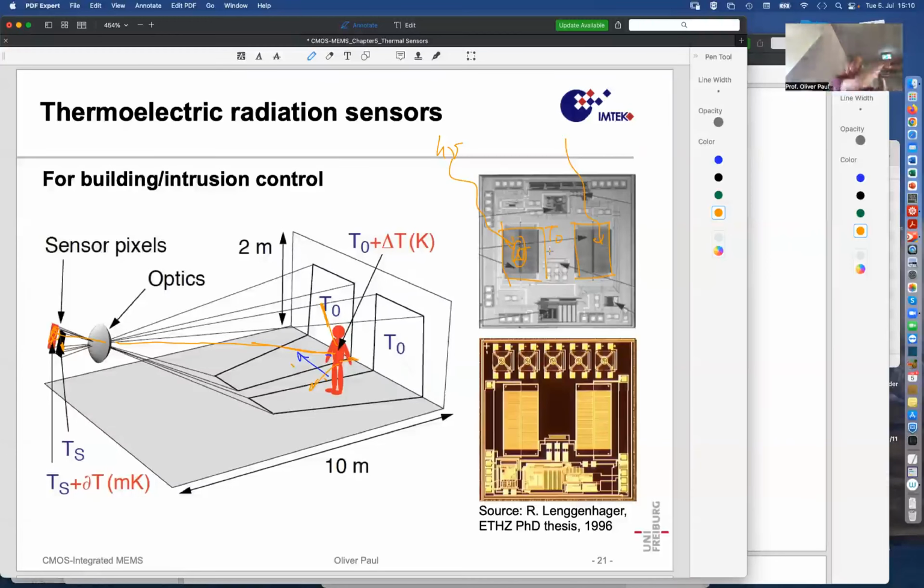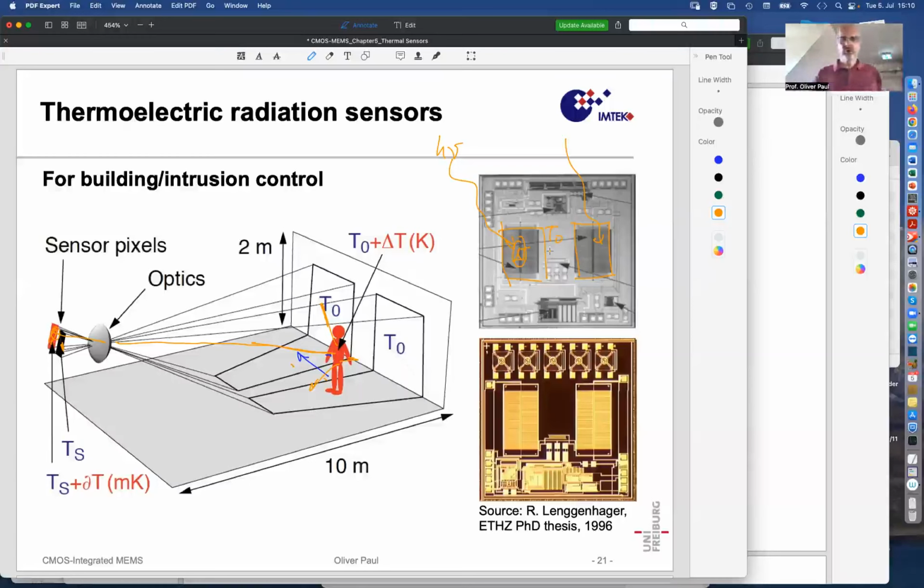So if one of the two detector elements is at 0, and the other one is irradiated, the delta T will remain. It's not that some charges decay through some leaky business. As long as power comes in, delta T will remain. That's the main advantage of thermoelectric detectors over pyroelectric detectors: to be stationary detectors, not only transient detectors.